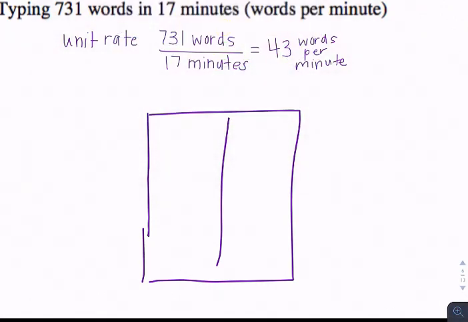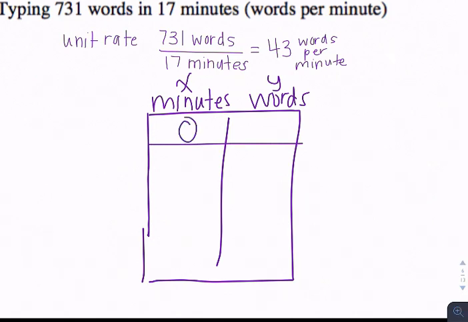Okay, so I always do minutes over words, or minutes and then words. This is my X, this is my Y. So if there was 0 minutes, I could type 0 words. So that's an important piece. It makes sense in the situation if I have 0 minutes, 0 words.